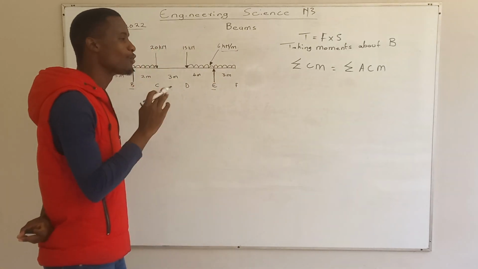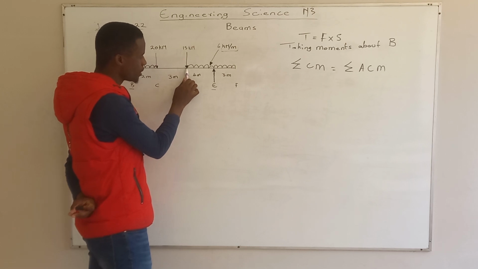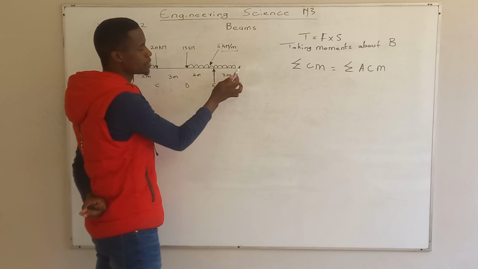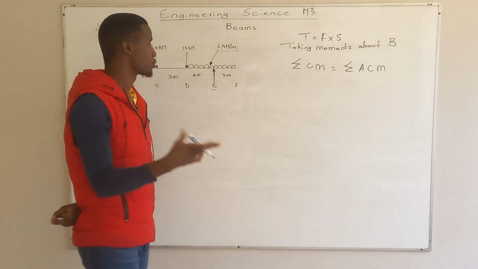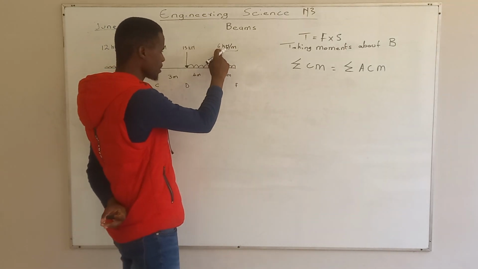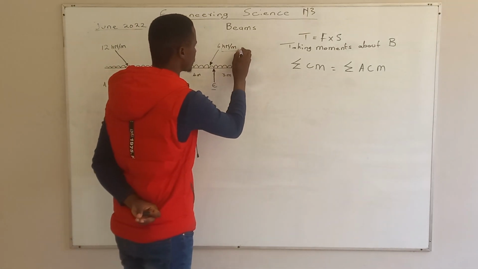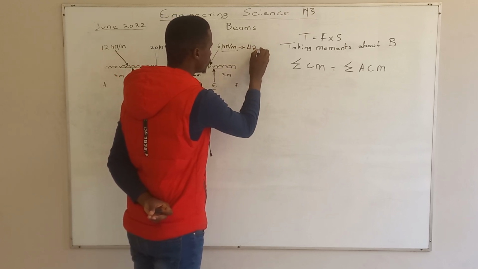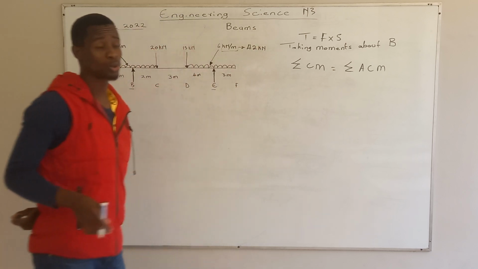It means the distance of that UDL starts from here up until there. So it means it's 4 meters from this side and then 3 meters from that side. So it means the distance is now 7. So we're going to say 6 multiplied by 7, that's 42. Now we have our kilonewtons.